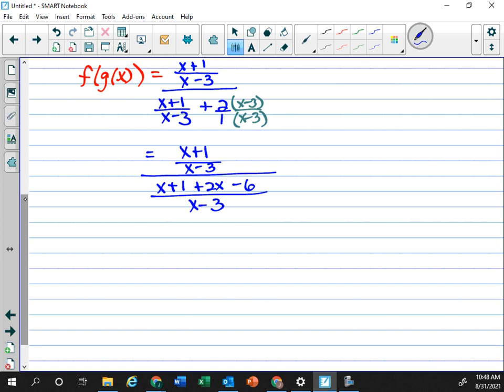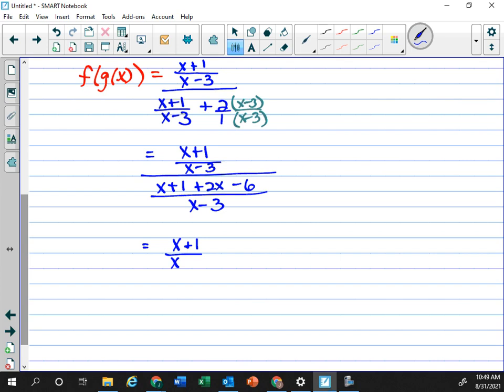It's ugly before it gets nicer. All right, I just distributed the 2. That's where the 2x minus 6 comes from. Okay, so I've got x plus 1 over x minus 3.